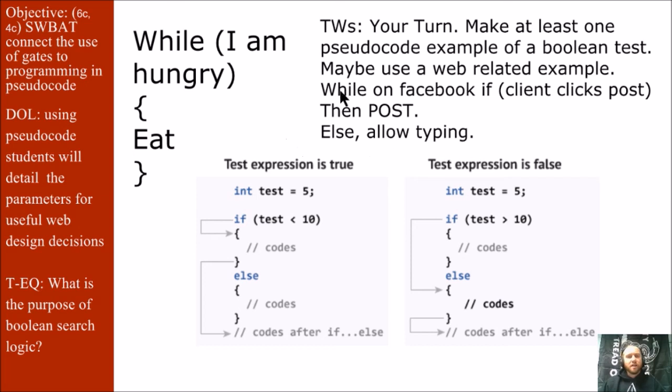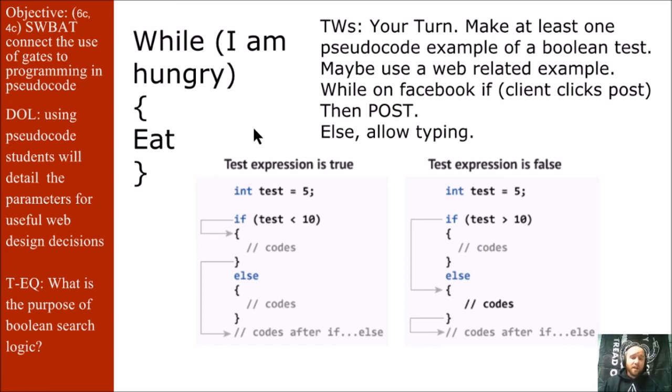So think, write, share: it's your turn to at least make one pseudocode example. You can do it with anything your imagination gives you. Maybe even use a website related example. And as long as you have the words if and then some sort of condition, you'll be able to get this think, write, share correct.